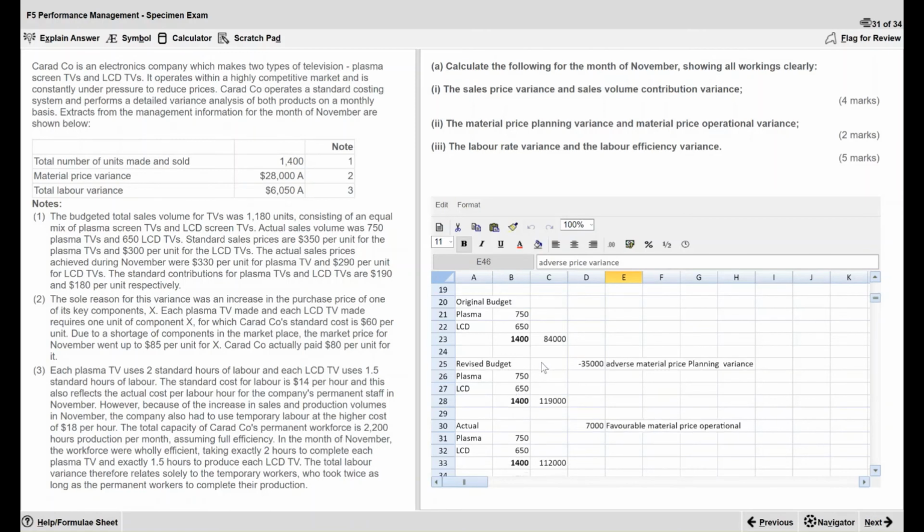So price was 35,000 adverse, and you remember the reason was, where was it written? Material market shortages.